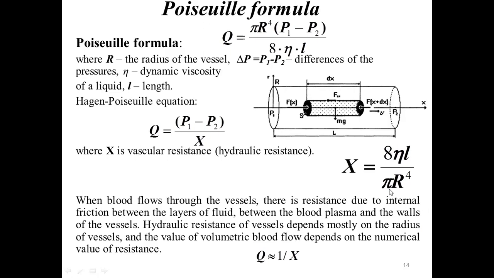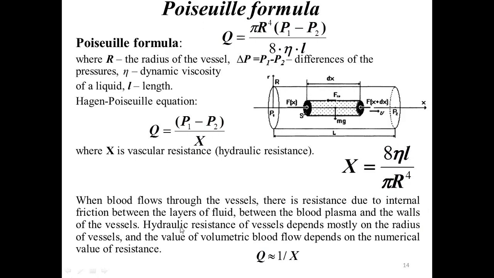Considering the formula for vascular resistance, we can say that when blood flows through the vessel, there is resistance due to the internal friction between the layers of fluid, between the blood plasma and the walls of the vessel.